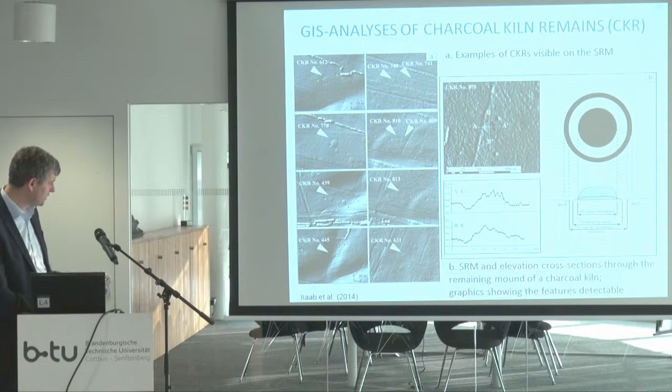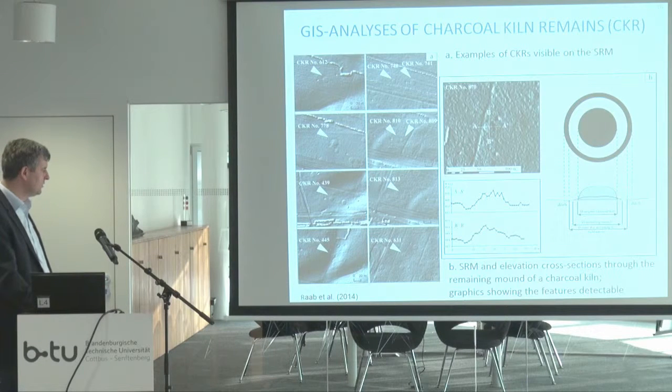And if you make cross-sections through this structure, the elevation here is in meters above sea level, 84.2 to 85. So this whole scale is just 80 centimeters, 0.8 meters. And you see very small differences. So this is the ditch, and there's a little mound in the middle.